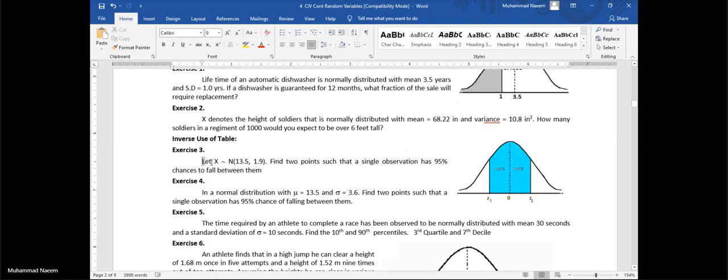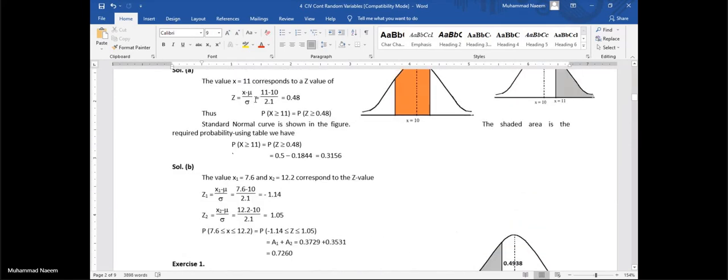So let's see this question. Our variable is normally distributed with the mean 13.5 and variance. This one is always the variance. As in the conversion from x to z, we have this formula. Remember, in this formula we are using sigma.